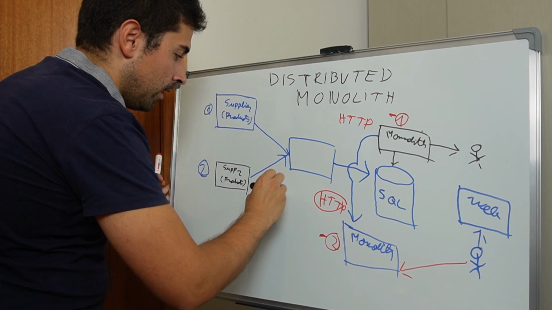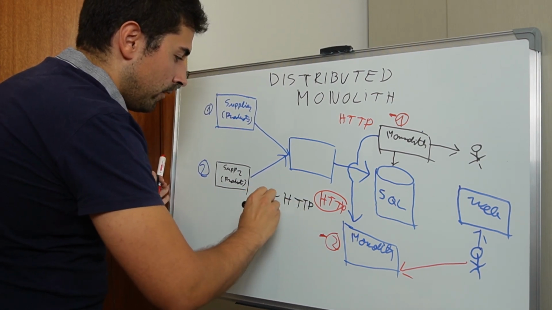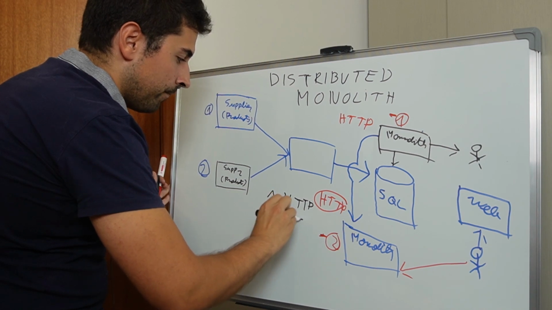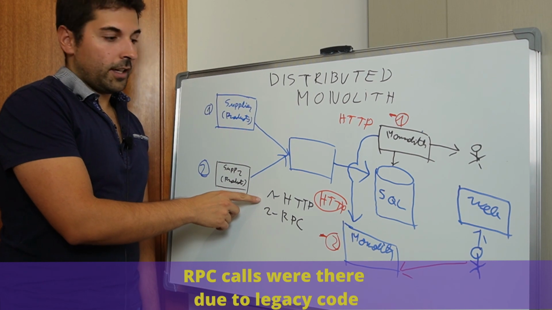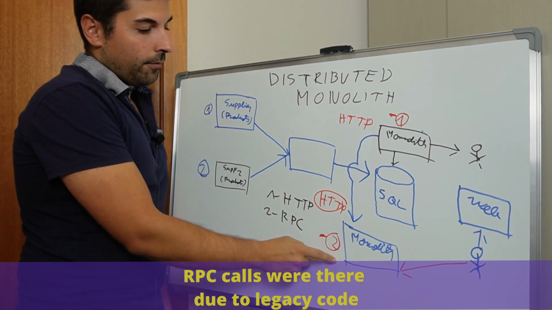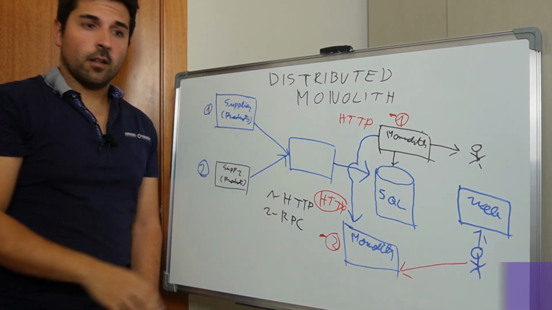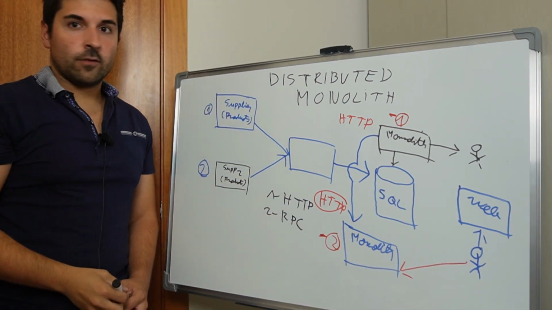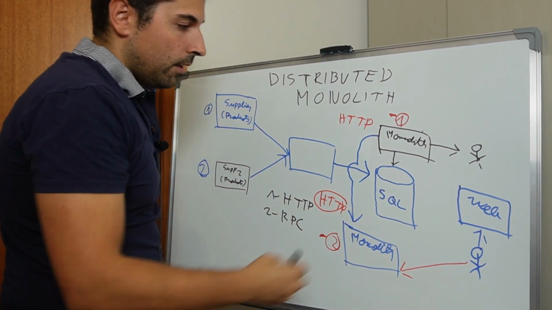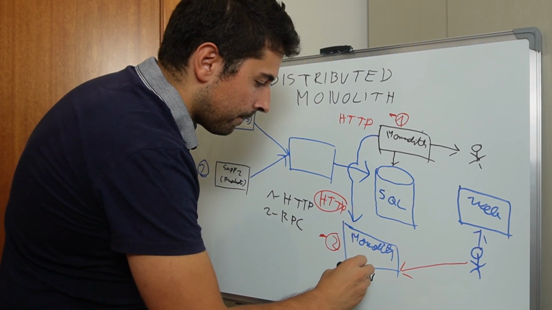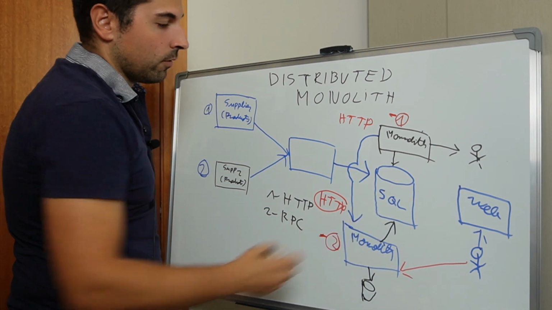So we had HTTP in one place and remote procedure calls the other way. So two types of communication from monolith 2 to monolith 1. That was a mess. And that was terrible, because sometimes this monolith, which had another SQL here, was attacking the SQL as well.